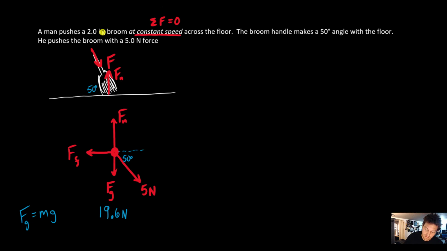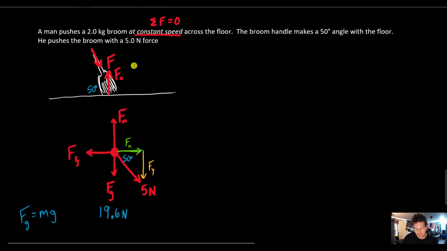And now we just need to figure out what is this horizontal component right here, and what is this vertical component? The vertical component's going down, right? This is going to be F in the y, and this is going to be that push F in the x.